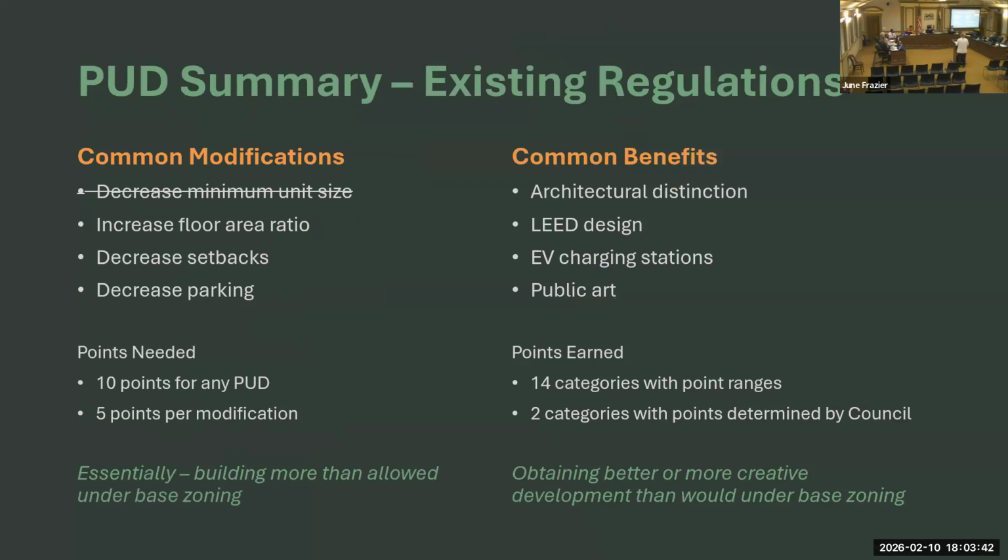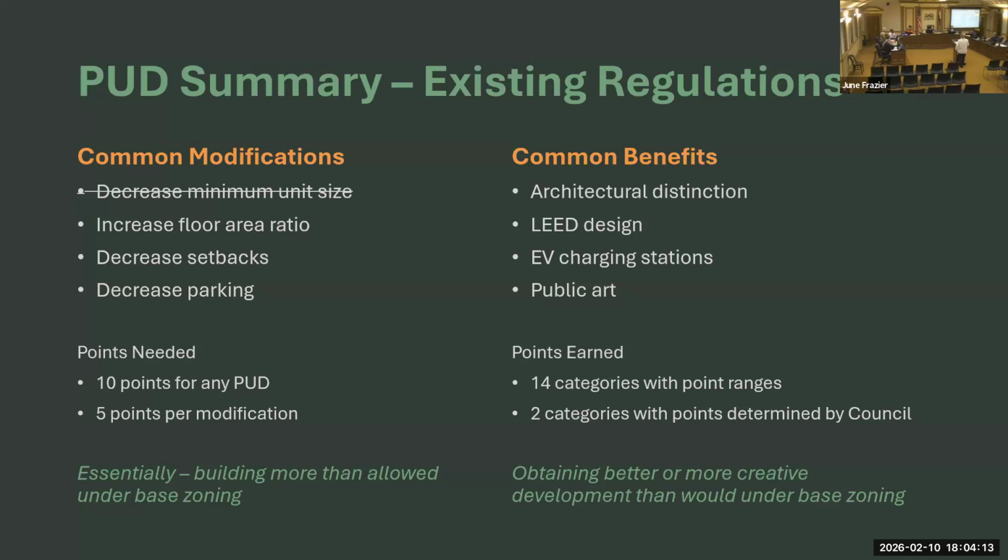Outside of that, most projects go into the PUD category because they're increasing the floor area ratio, something that we also have addressed in a pretty significant way with our new base zoning districts for these non-residential zoning districts, or decreasing a setback, decreasing your parking requirement. So essentially what most often gets somebody into a PUD, based on what we've seen so far, is facilitating more building that wouldn't be allowed in the base zoning district.